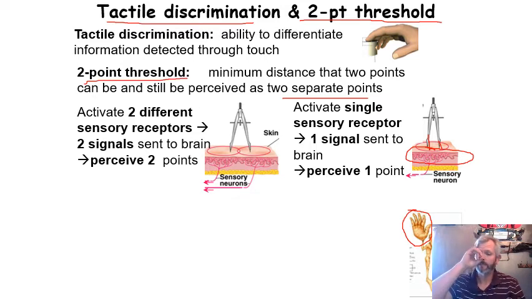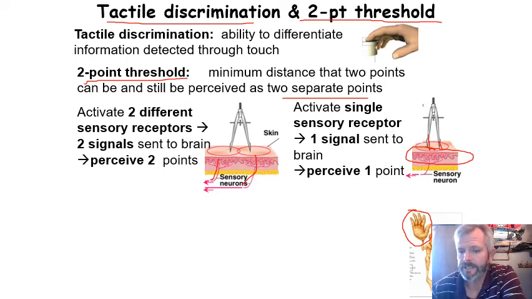The brain gets the information that this neuron is firing, and perceives it as just 1 point. Whereas if I have lots of receptors, I can have small receptive fields. At the same distance, I can elicit a response from this neuron and this neuron, and now my brain can perceive that as 2 points.